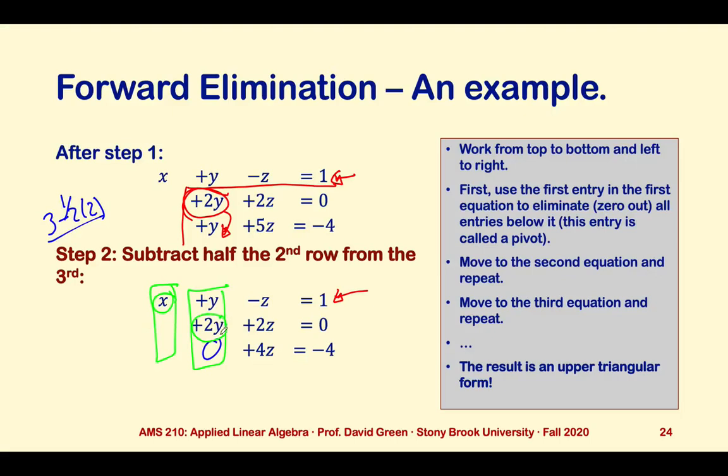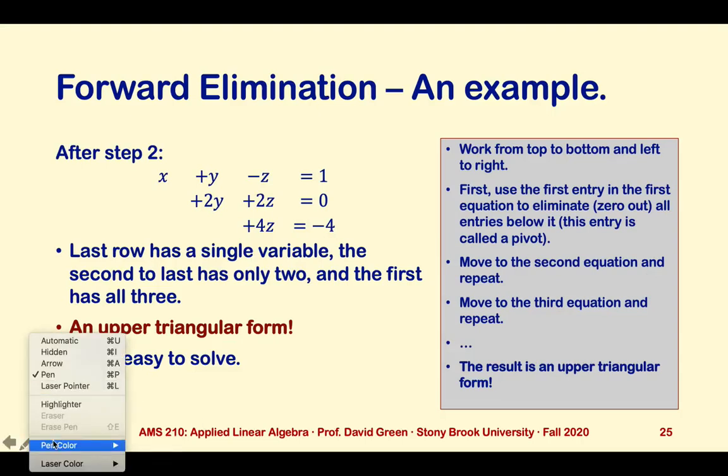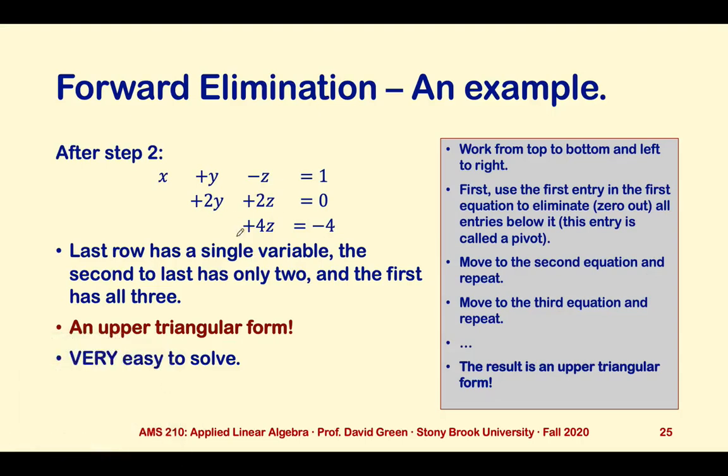Our pivot in the second row is the first entry of that second equation. Actually, at this point, we have now reached the end, because if we shift our attention down, we have nowhere more to go, right? Shifting our attention downward by one row and one column leaves us with our last equation.